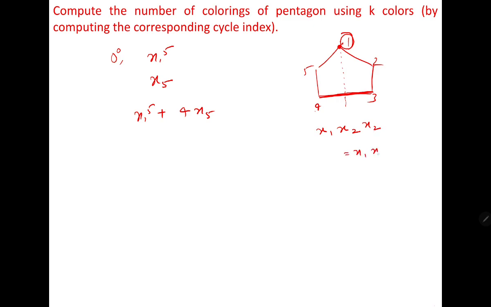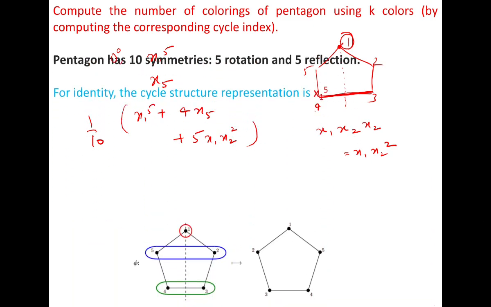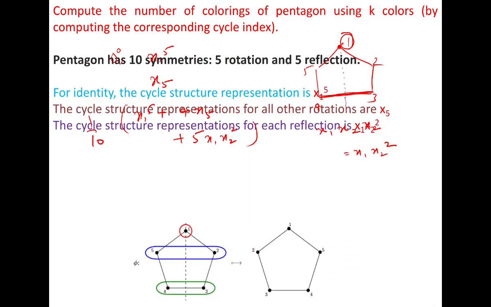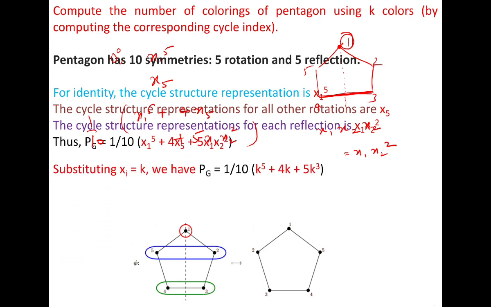So it is x1, x2 square. And since 5 vertices are there, this is my cycle index divided by 10. Now in case of k colorings, replace each xi by k, and that gives you the required answer.